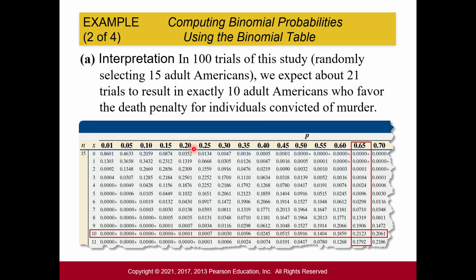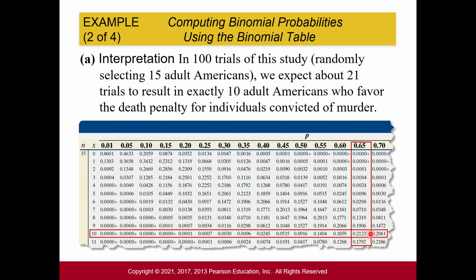Here's our table, and you can find this table in a lot of places, but we have a snippet of it here. We go down, find when n is 15, then go to probability 0.65, and see where that meets with x equals 10. Where those meet is right here, and we get 0.2123.